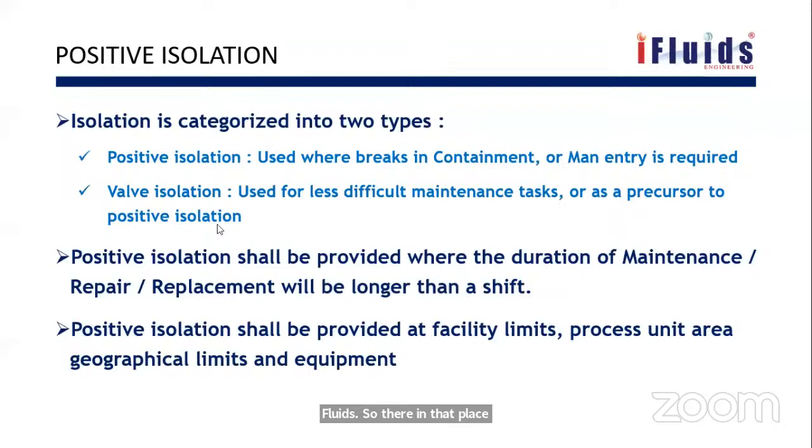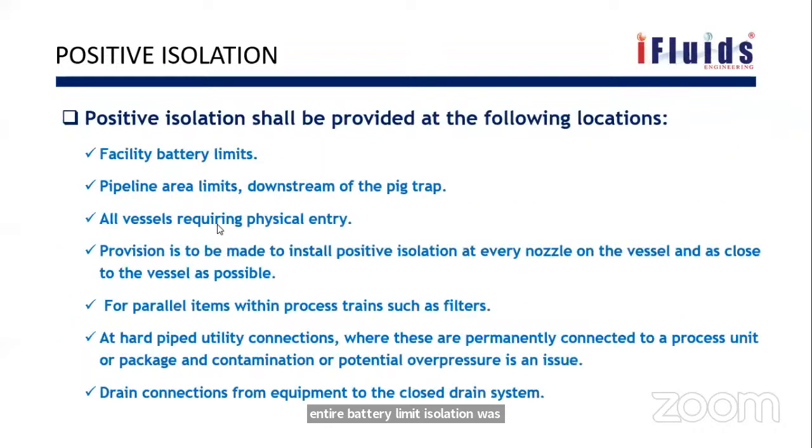In case of any unit shutdown, you'll close the entire battery limit isolation valves and provide positive isolation. So positive isolation is given for battery limits, pigging assembly, all the vessels, pumps, compressors, and filters; everywhere positive isolation facility is provided.